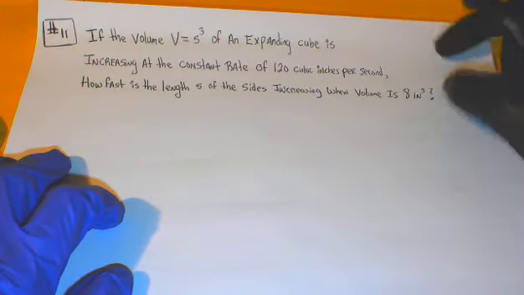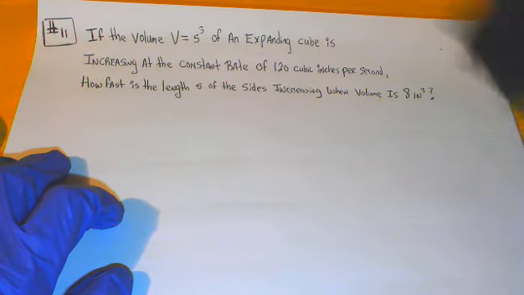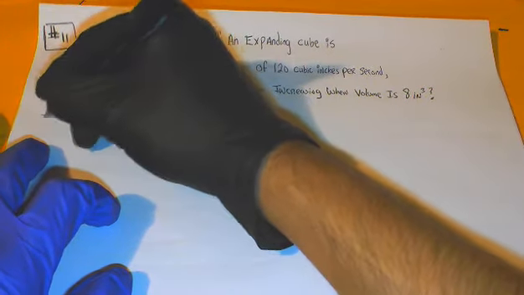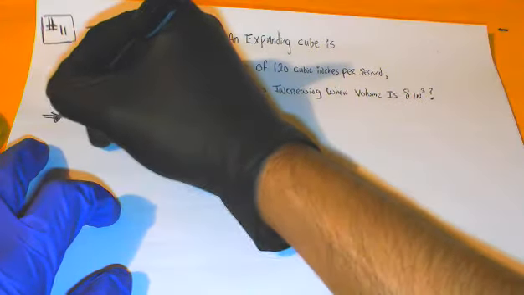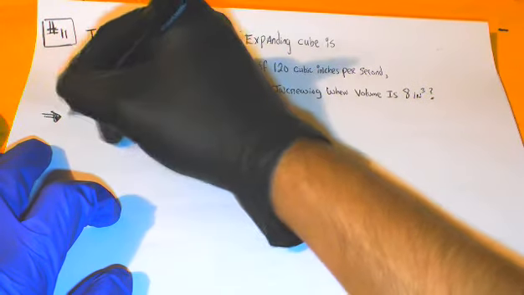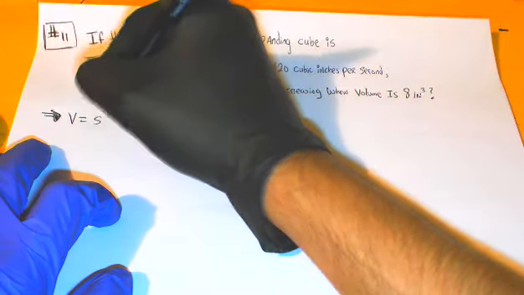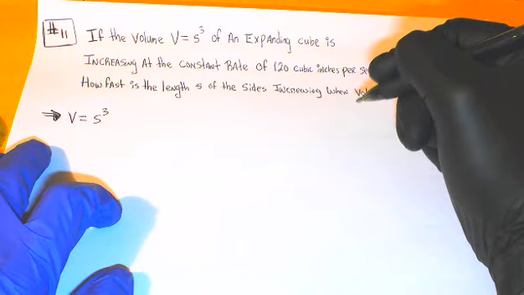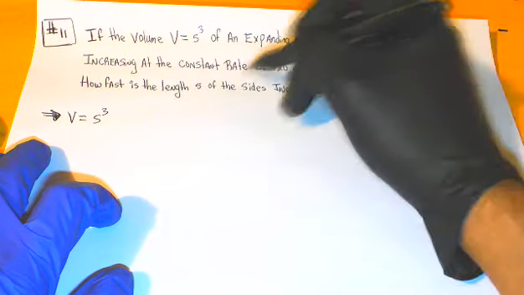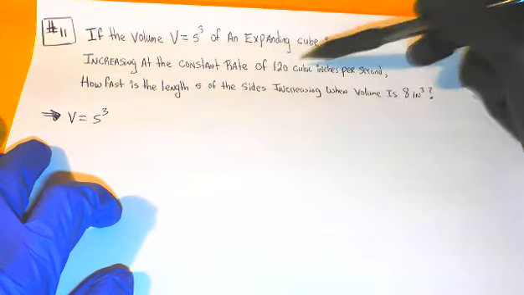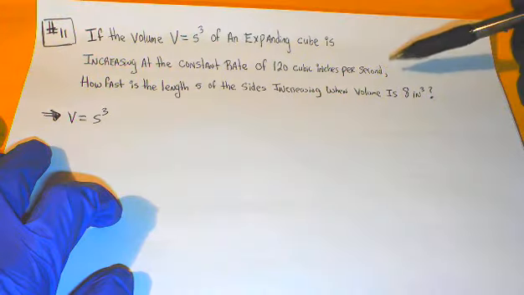From this word problem, I can extract the following information. We know that for a cube, the volume V is equal to S cubed. We're given a constant rate, 120 cubic inches per second.